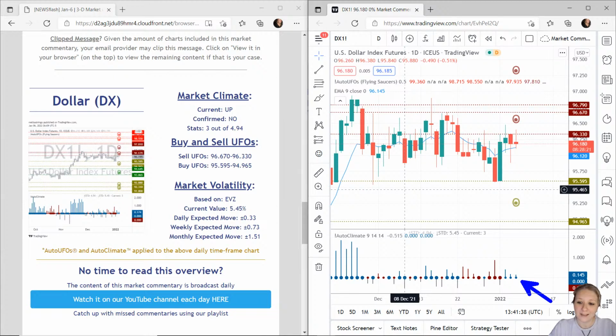The US dollar has a thin dot there on the auto climate. Again, an unconfirmed climate, meaning not enough probabilities either way. We don't want to be doing anything with the US dollar at the moment. Now, we saw at the start, we have buyers that have worked a couple of times already to push price up, like that. Now they're between 95.595 to 94.965.